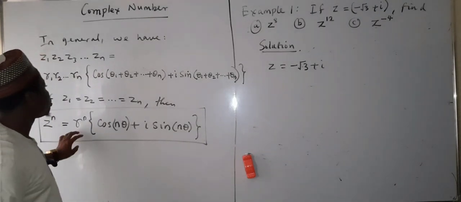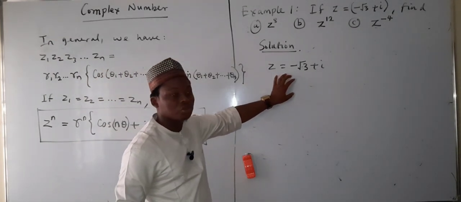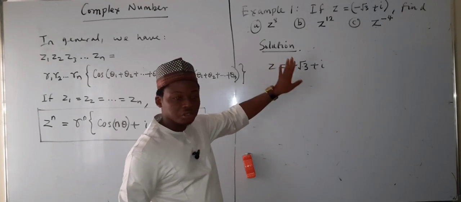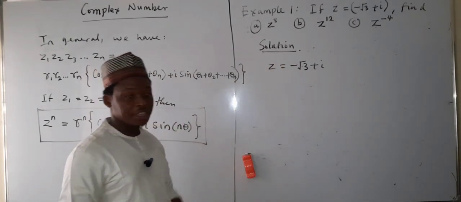First, before we can use the Moivre theorem, we need to convert this complex number to the polar form. To convert to polar form, we need to find the modulus of the complex number and the argument.